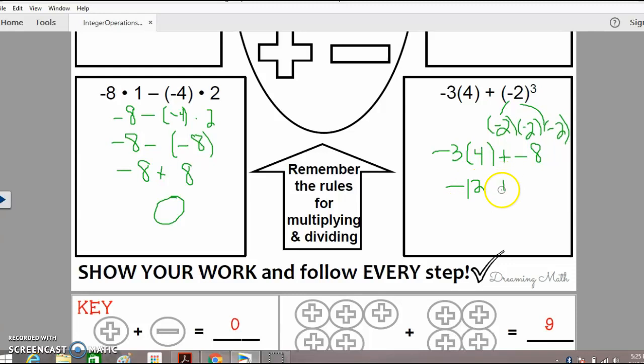Now I'm adding a negative 8. Do you remember what we set up at the top of these notes? If the signs are the same, we find the sum, or we add them together because they're all alike. You can only put like things together. We know this from years back. So 12 and 8 is negative 20.